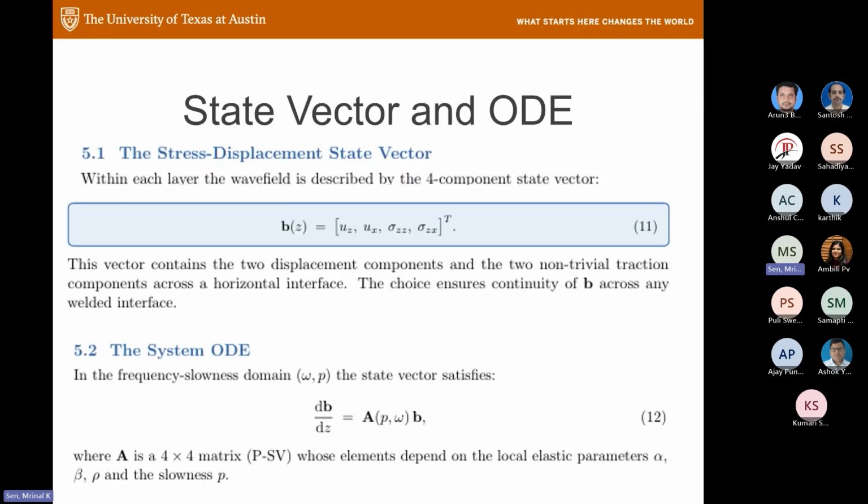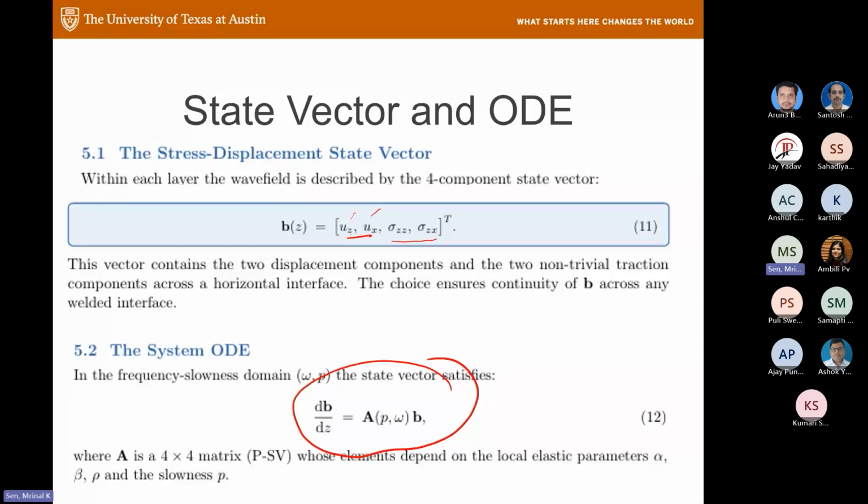Okay, so first we define a trace displacement vector, which is basically the two components of displacement and two components of stress. And here what you see is that these are basically the vertical component of displacement and the horizontal component of displacement. And I'll show you that we can now derive a system of ODEs.